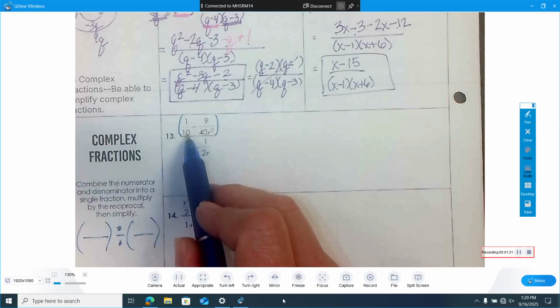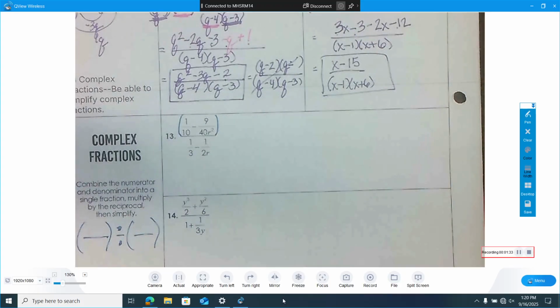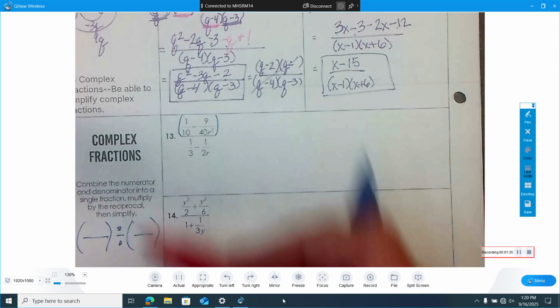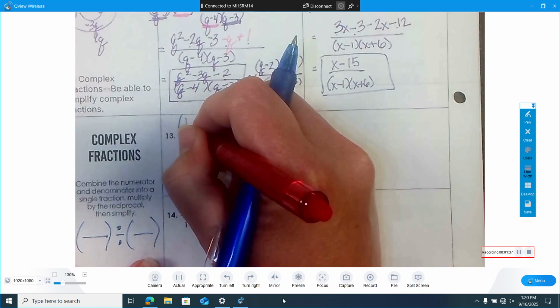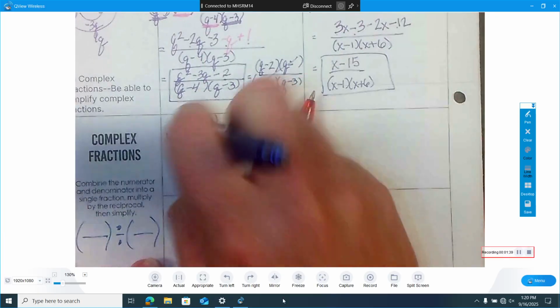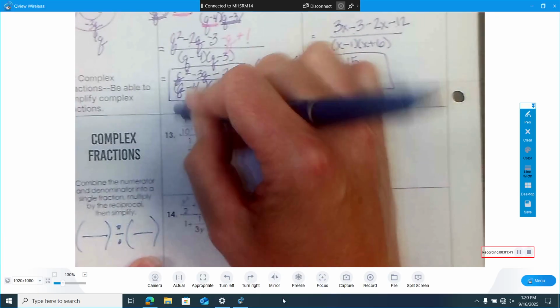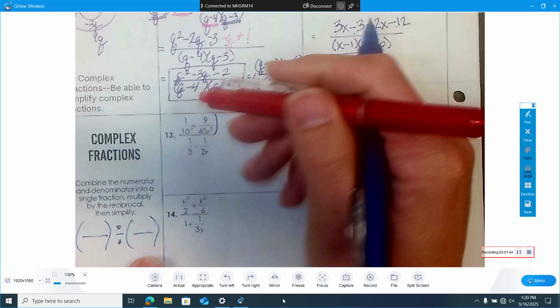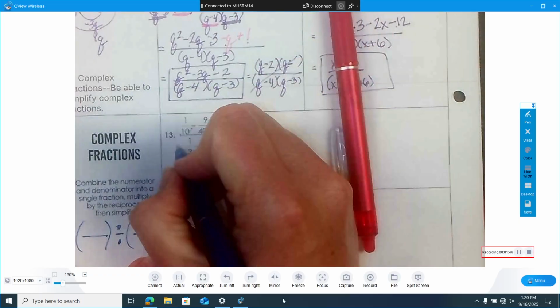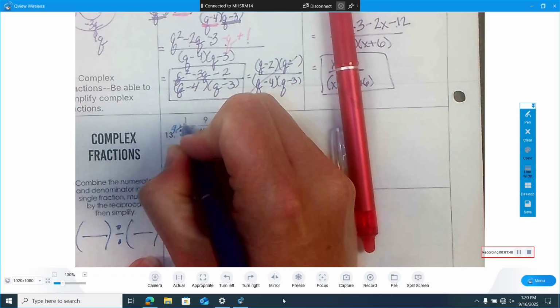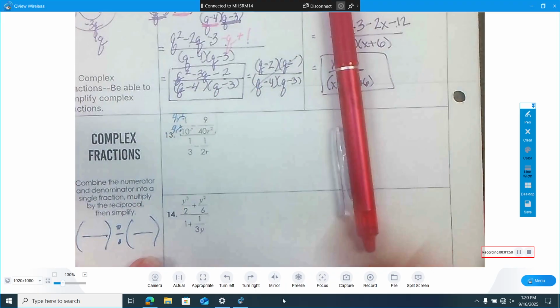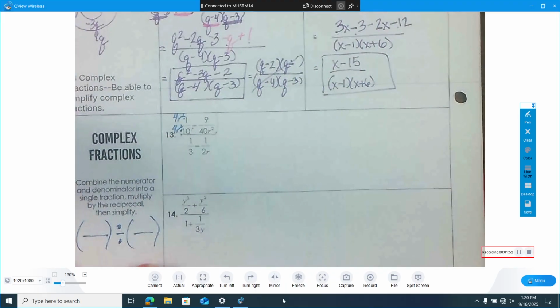How do I turn 10 into 40r squared? 4r squared. I'm going to multiply top and bottom by 4r squared so that I can rewrite that top.